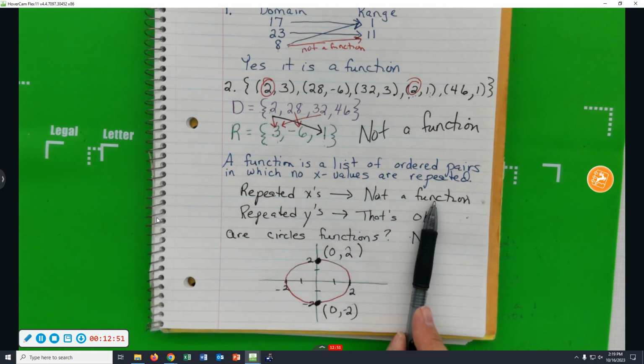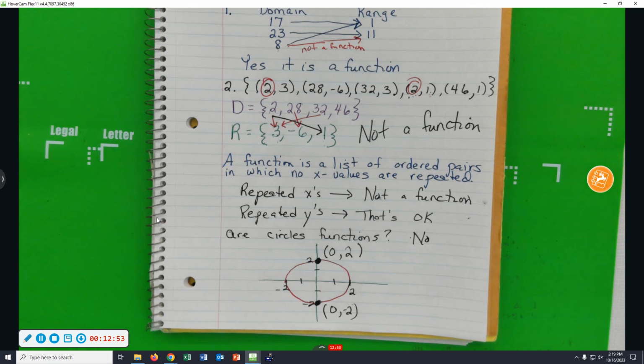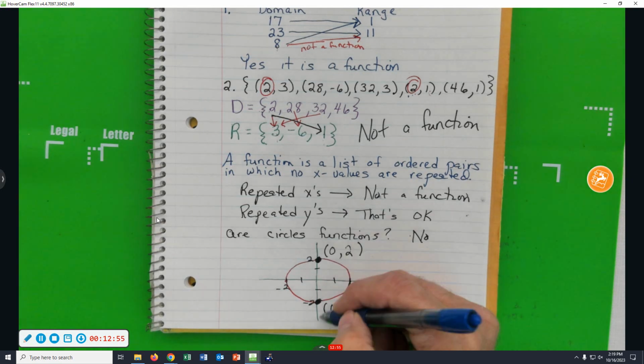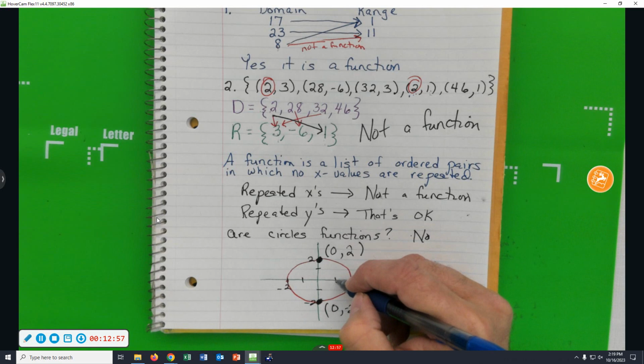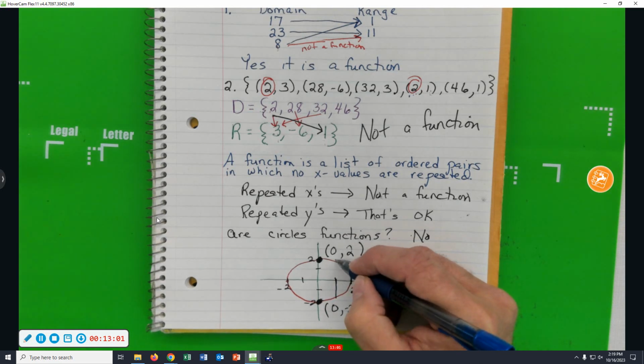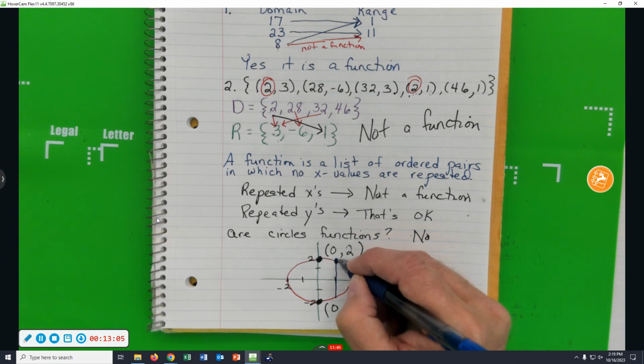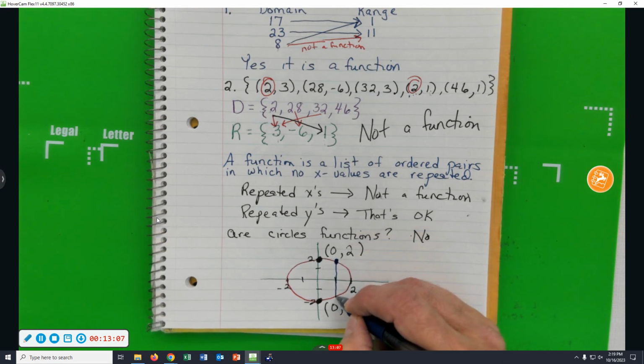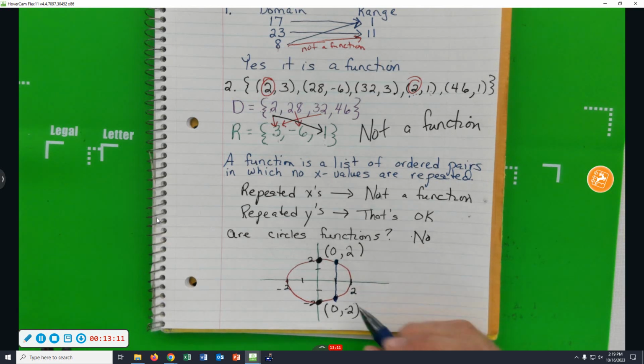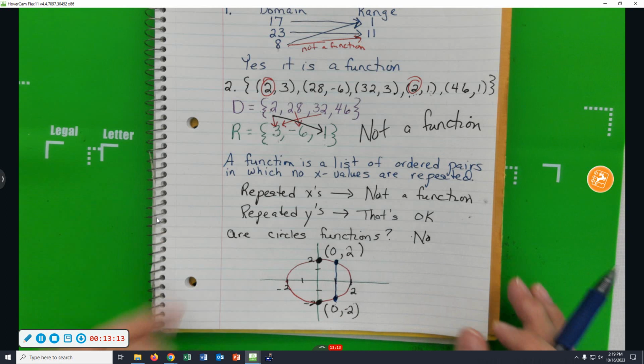Repeated x is not a function. Now, is there really anything special about right there? What if I looked at 1? If I drew a little vertical line here, then this point would have 1 as the x value, and this one here would have 1 as the x value. So once again, repeated x's.